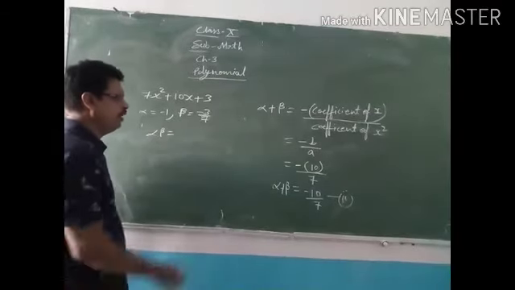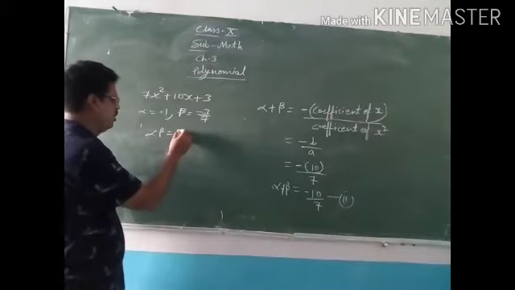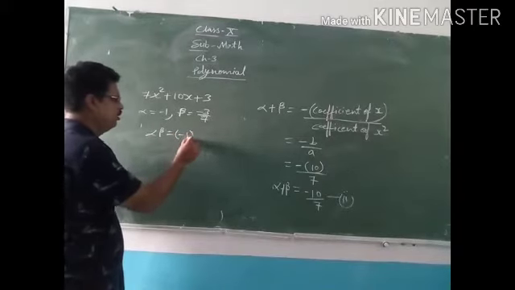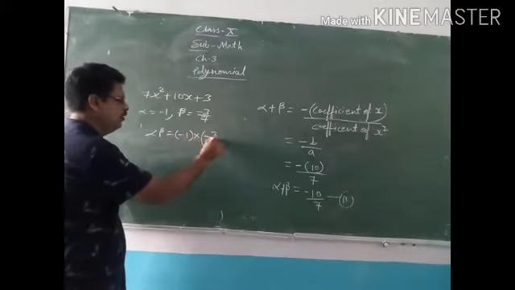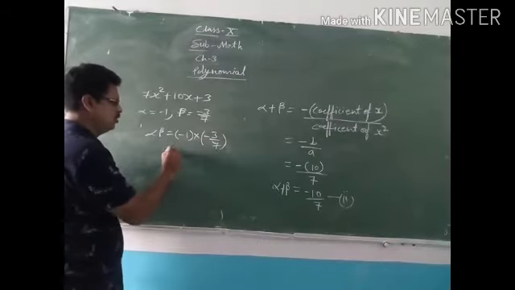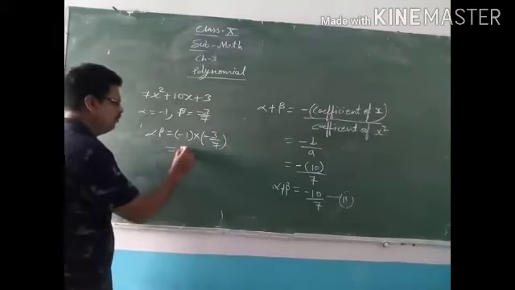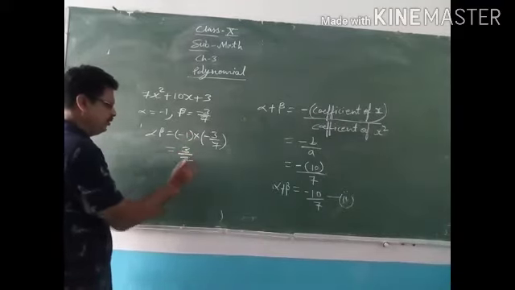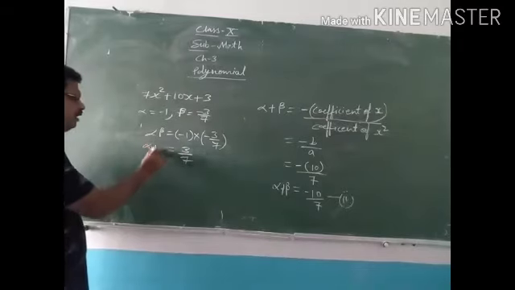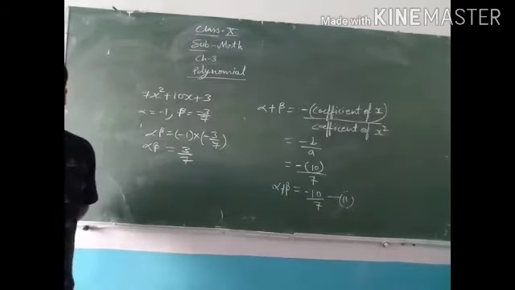Alpha into beta means minus 1 multiplied by minus 3 upon 7. Two negative numbers multiplied, so the answer comes positive. 3 times 1 is 3 upon 7. So alpha into beta is equal to 3 upon 7.